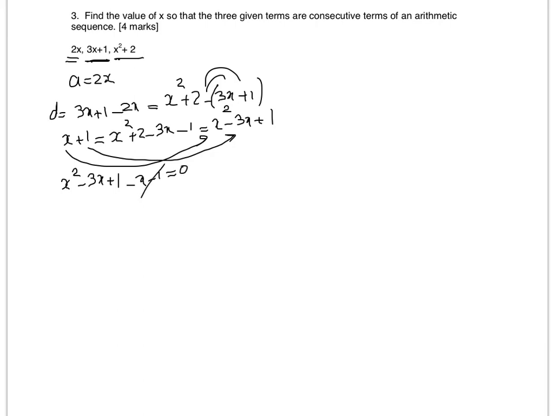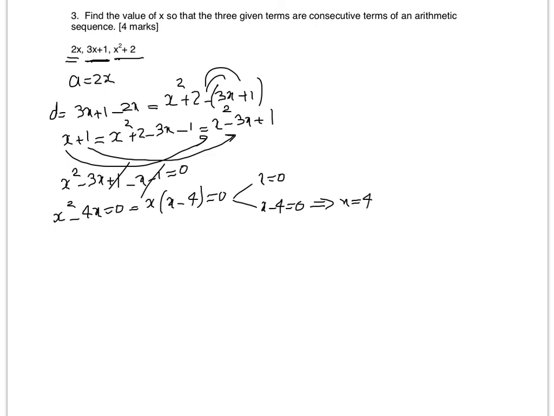So 1 and negative 1 cancel each other, and I get x squared minus 4x is equal to 0. If I factor x out, I get x times x minus 4 is equal to 0. This means that either x is equal to 0 or x minus 4 has to be 0. From here I get x is equal to 4.